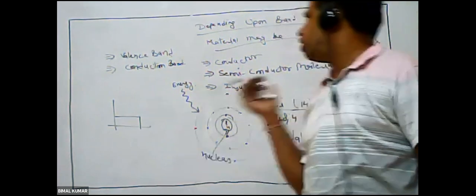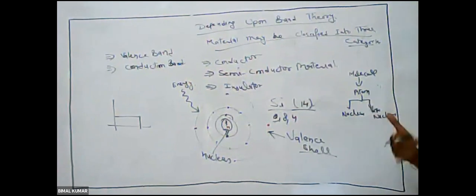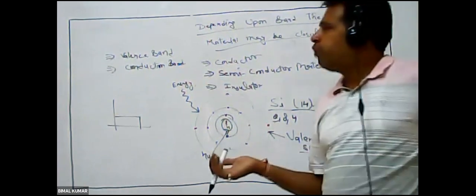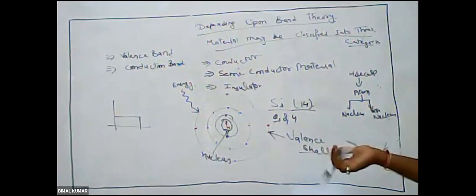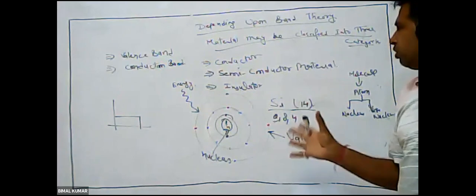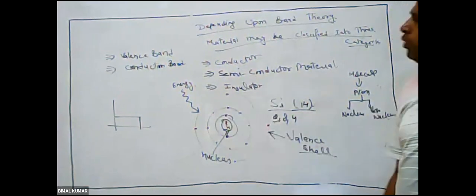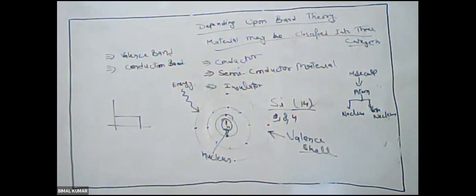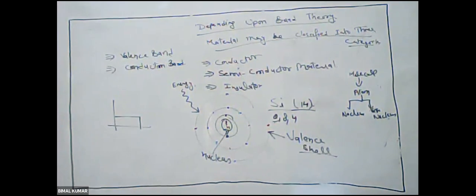If you see the atomic configuration of that type of material, which is conducting in nature, it generally has one or two electrons in the last orbit, right? Then some materials are such that the last orbit is fulfilled, fully packed as per its capacity.